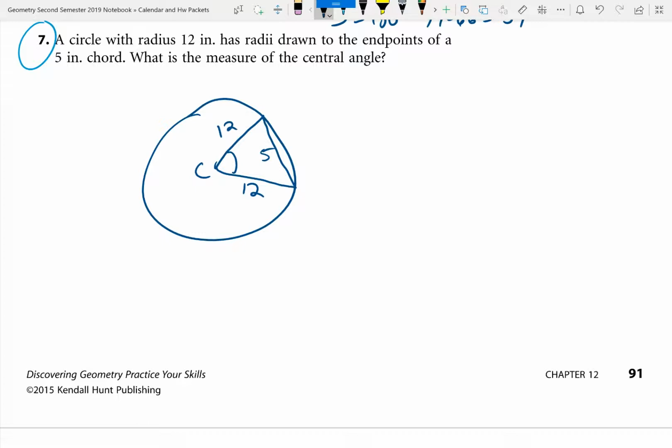Well, this is going to be like if you were to do A, B, C. Well, cosine C is A squared plus B squared minus C squared over 2AB.